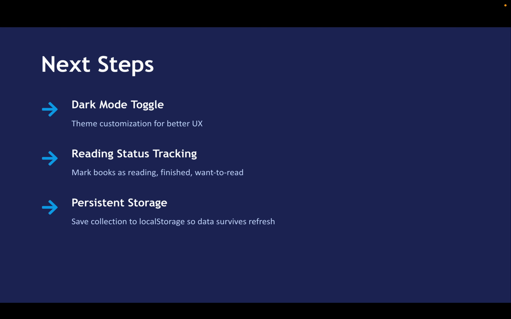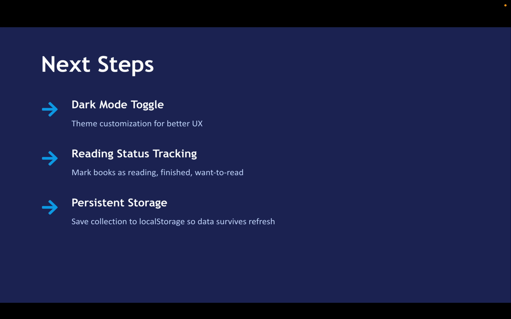So what are some next steps? I think creating theme customization for users, for example dark mode, being able to toggle that. Reading status tracking. For example, if we have a specific book that's finished, we might mark it as finished, or reading with a progress of where we're at in that book, or something that we haven't even started but want to read.